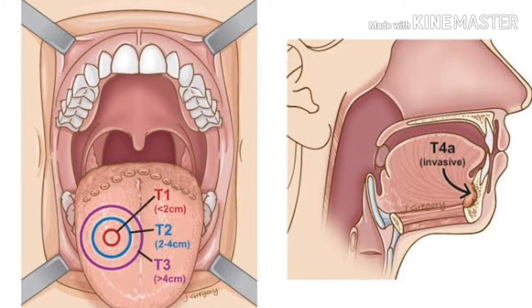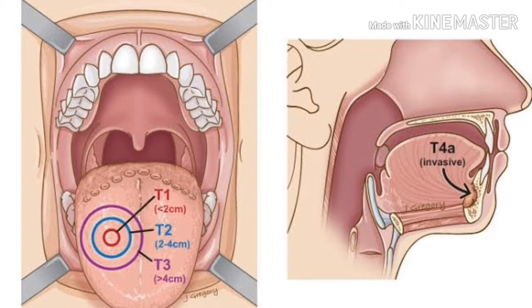Good. Now what is the N definition in a similar way in AJCC staging? Okay, sir. NX is regional lymph node cannot be assessed. N0 is no regional lymph node metastasis. N1 is metastasis in a single ipsilateral lymph node less than 3 cm. N2 is divided into N2A, N2B, and N2C.